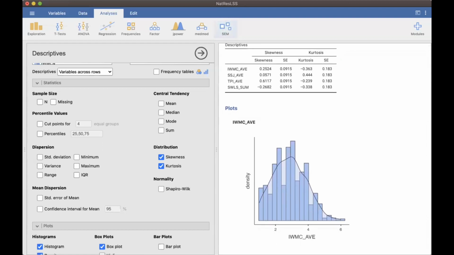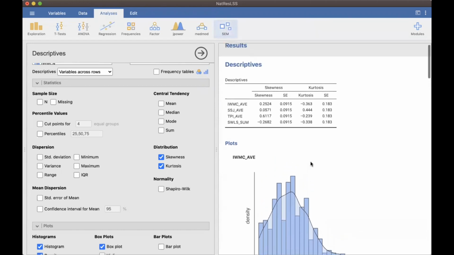So let me check again if I am interpreting it correctly, because I don't want to, wait. So I'm correct. The negative ones mean that it is a little bit platykurtic, but there's not much issue because it's not beyond positive or negative 1. So the kurtosis is fine, no. But we have issues more on skewness.